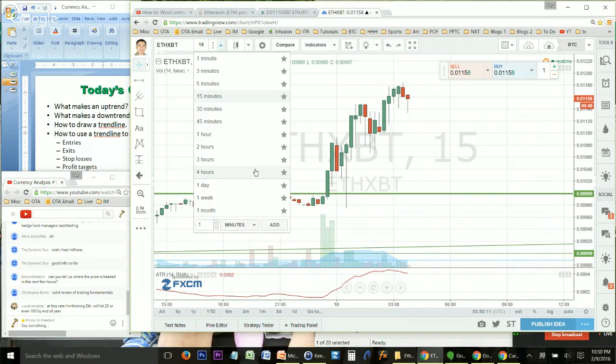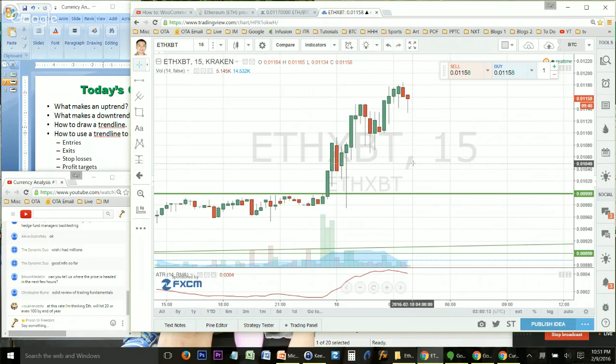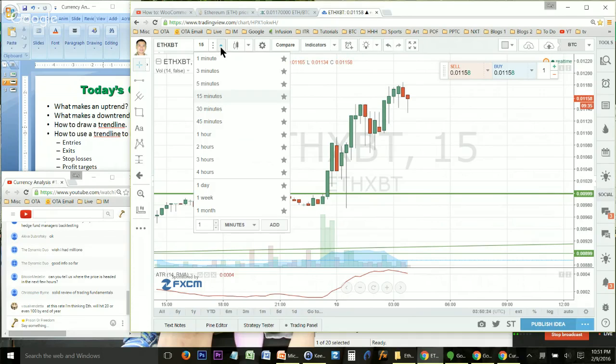The reason is because you want to trade on a chart, a time frame, where there's a lot of eyeballs looking at it, so the traders are probably looking at the same charts. I have never seen or heard of anyone ever trading on a 45-minute chart.